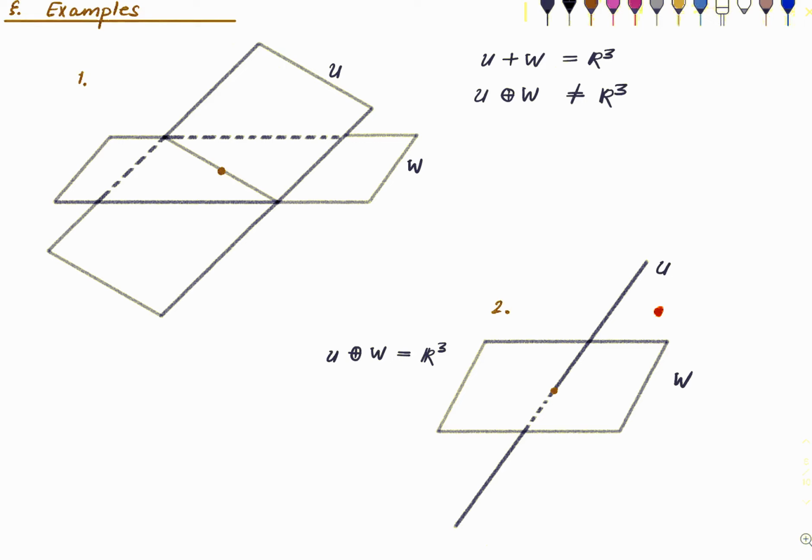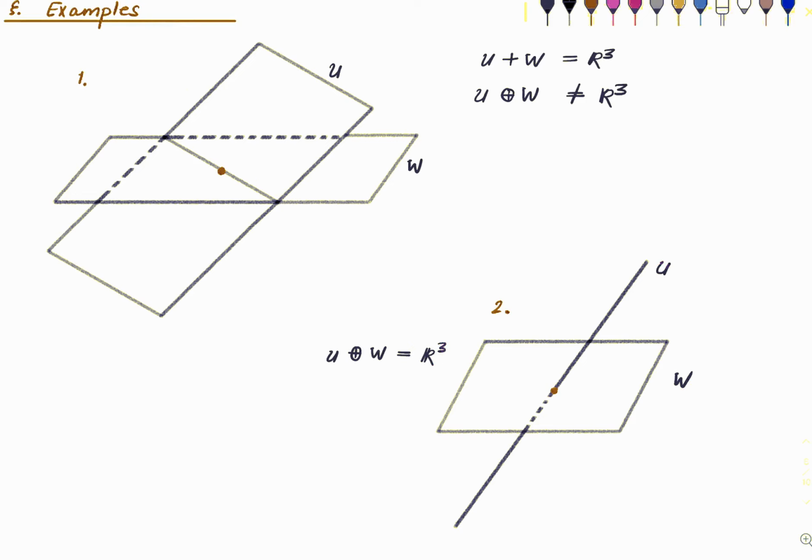Suppose I want to write this vector as a sum of a vector in W and a vector in U. You just go parallel to U, hit W. This is a vector in W, and this you just think of as a vector in U because it's the translate, so to say, of this guy. So this plus that is your chosen vector. So that shows that U plus W is R3, and the intersection is clearly only the origin, and hence R3 is the direct sum of this and that.